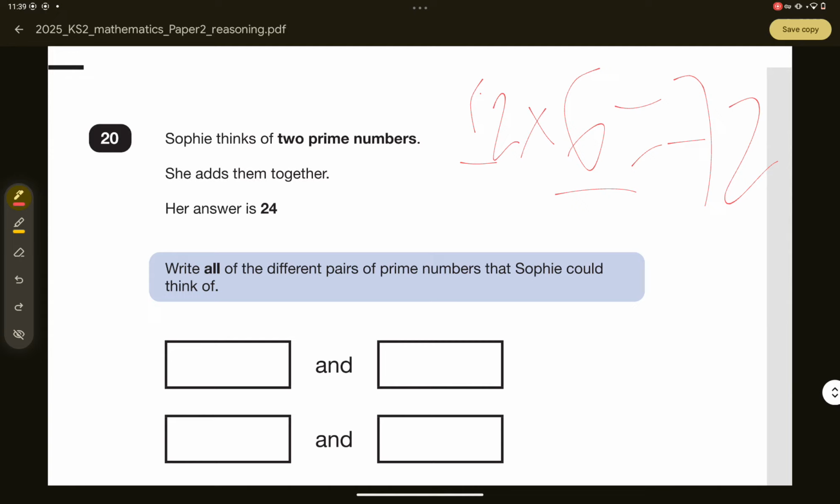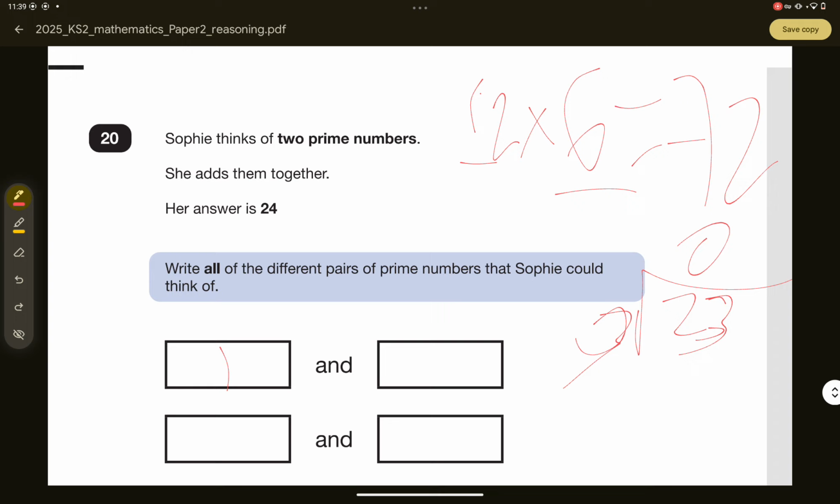And the only number that is even, that is a prime number, is 2. So let's write all the different pairs of prime numbers. So first one, 1, and then 23, because 23 divided by 3 equals 7 remainder 2.